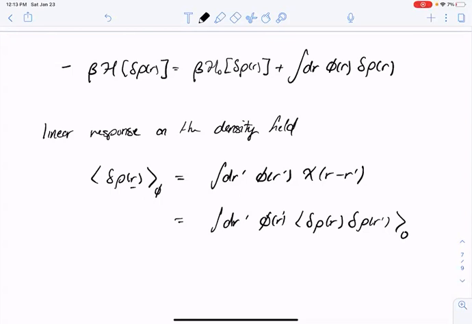This then tells me what the density response is to that solute or solvent molecule in the dense solution. If the applied potential really is the interaction potential, this will give me a means by which I can deduce the structuring of a fluid as that solute is placed in the solvent, or the native structure. If the solute is identical to the solvent, what is the native structure in the solvent?